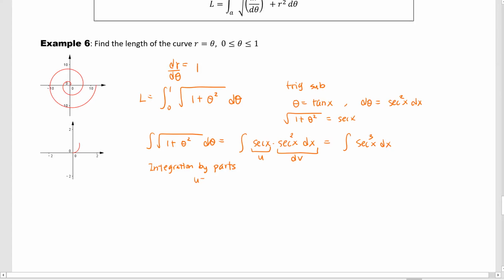Okay, so u is secant x, du is then secant x tangent x dx. dv is secant squared x dx, then v is tangent x. Okay, let's call this integral I. Then I is uv, secant tangent, minus integral of v du.